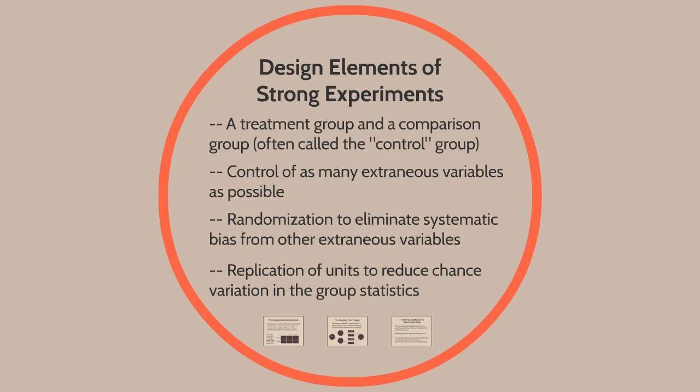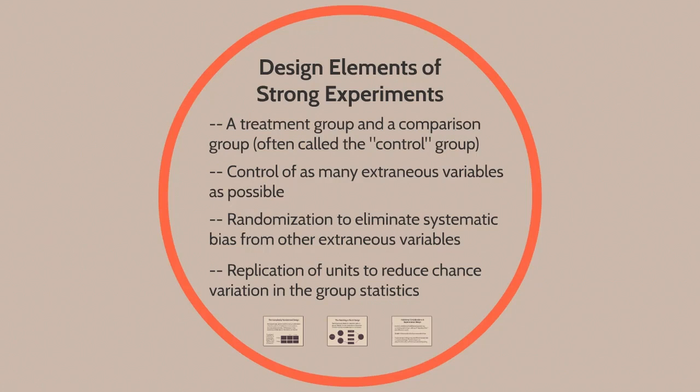We would want to make sure that we control for an extraneous variable such as the length of time of the disease or the level of the disease in the body. We would want to make sure that the similar levels or the spectrum is available in both the treatment and control groups.